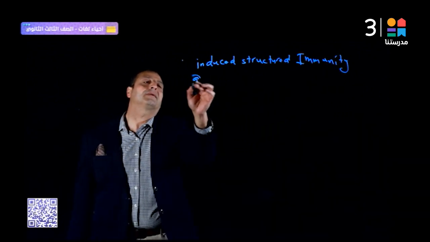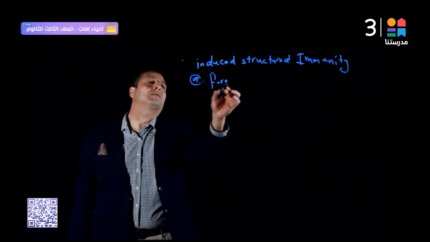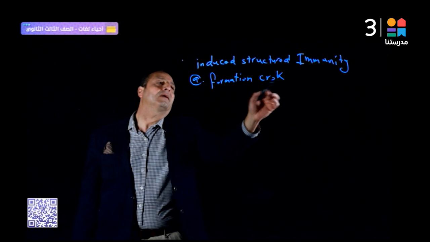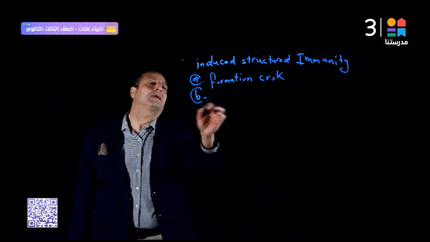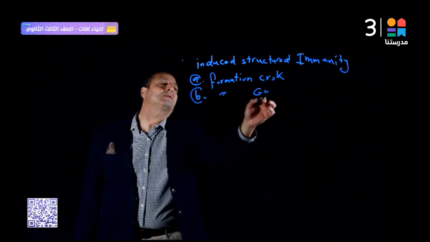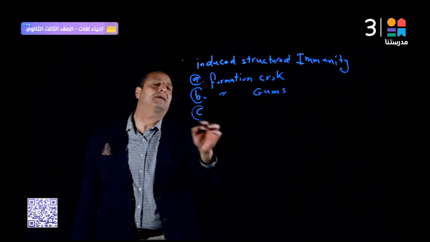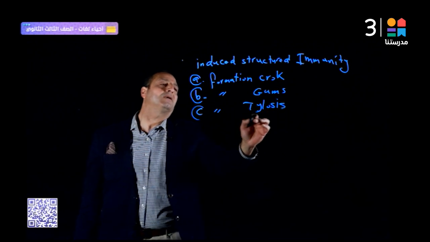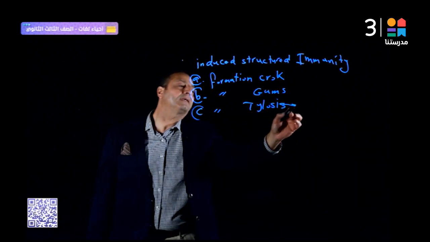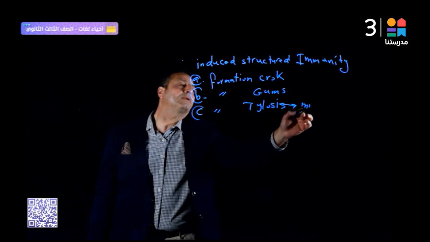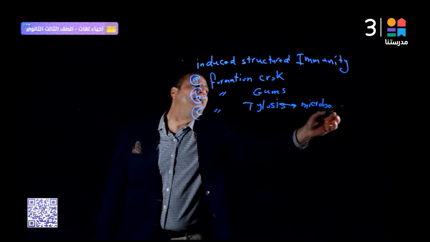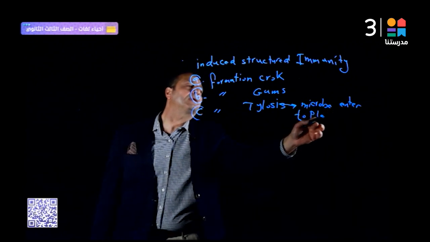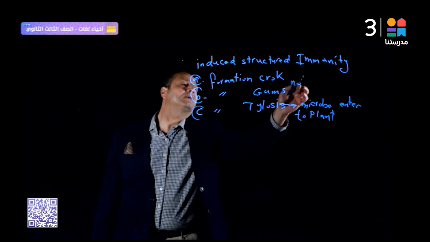Number A, formation of cork. B, formation of gums. Number C, formation of tylosis. Okay, tylosis: the microbe cannot enter into the plant.